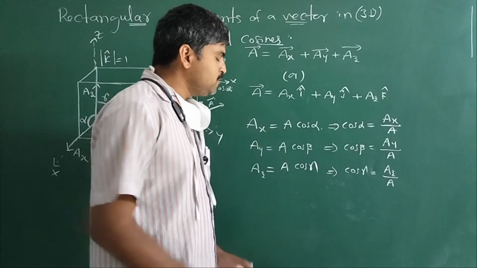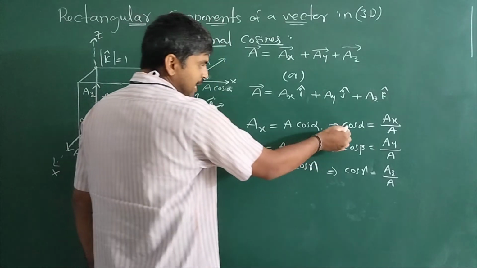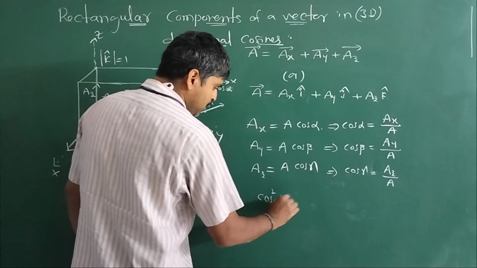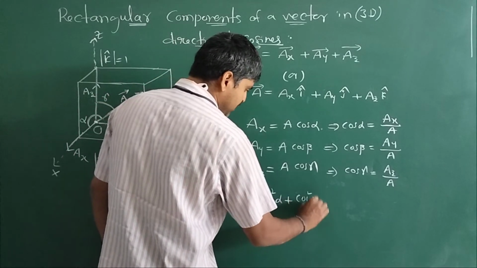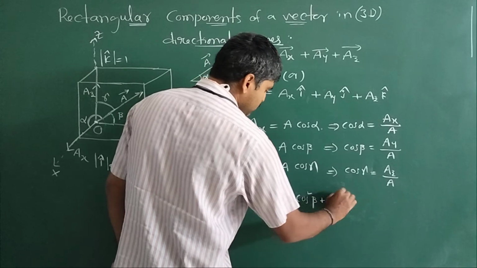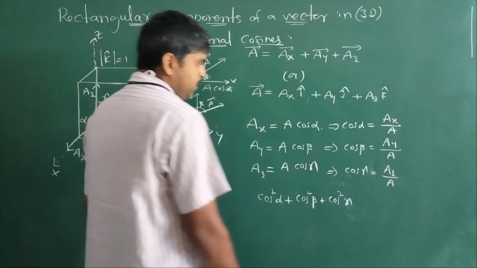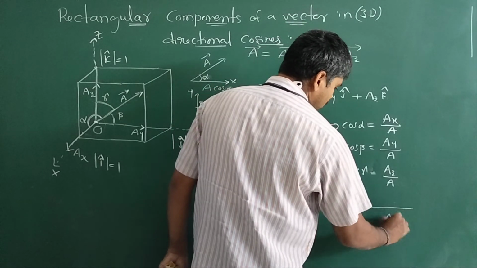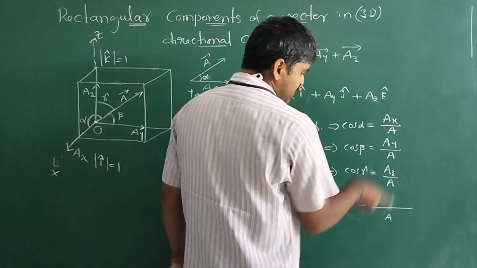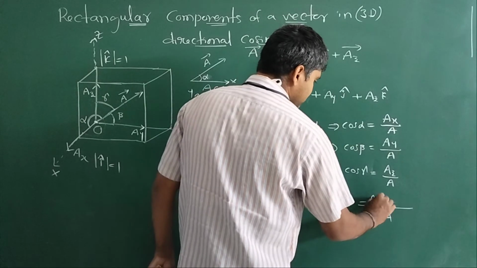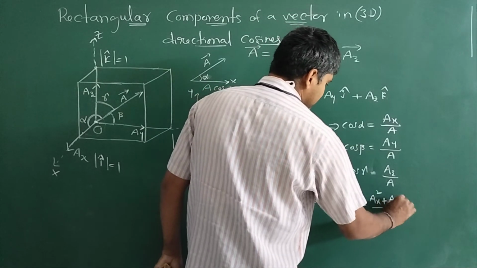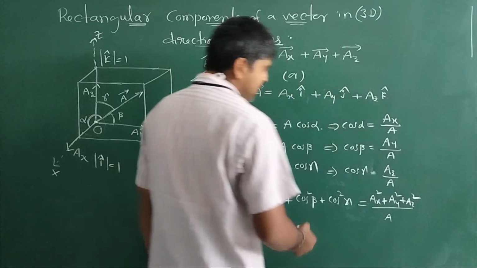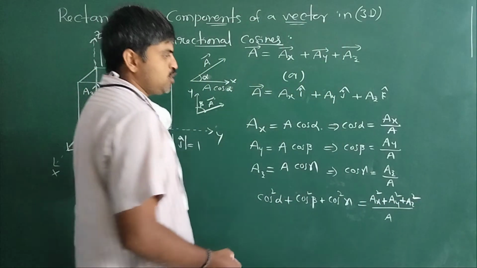So from this, suppose we square and add. Cos square alpha plus cos square beta plus cos square gamma equals, on squaring and adding, a is common for all and the denominator is the same, so the numerator is ax square plus ay square plus az square, which is nothing but a square.